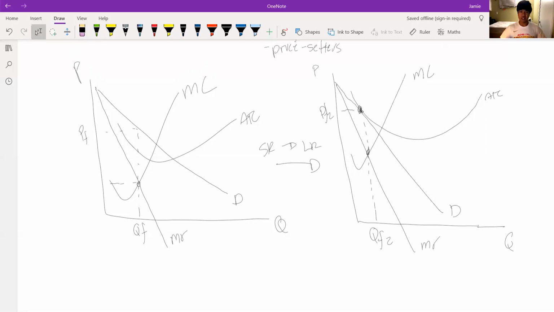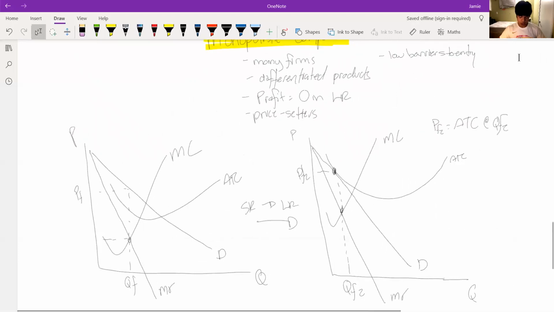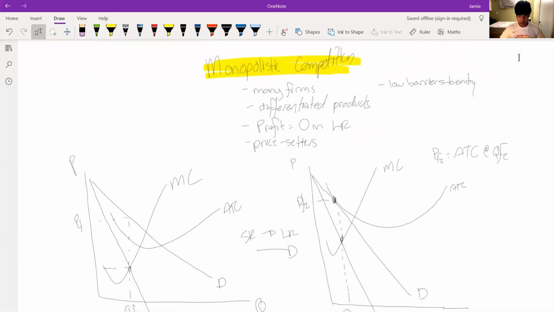Since there is no vertical distance, price PF2 is equal to average total cost at QF2, then there's no profit to be made.